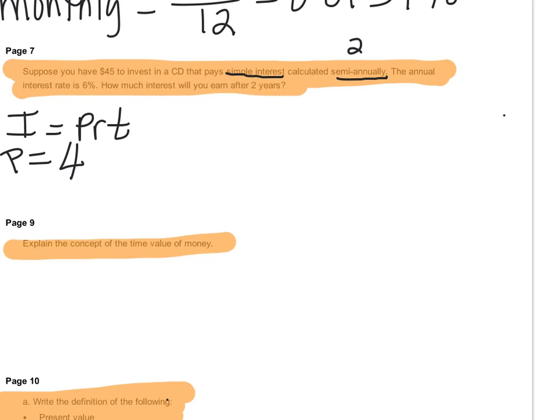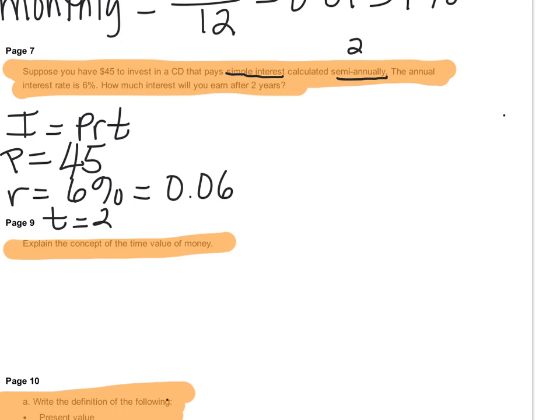We invested $45. And our rate is 6%, which I hope you knew as a decimal is 0.06. And our time is going to be, watch this, how much interest will you earn after 2 years, right? So it's 2 years, but it's semi-annually calculated.